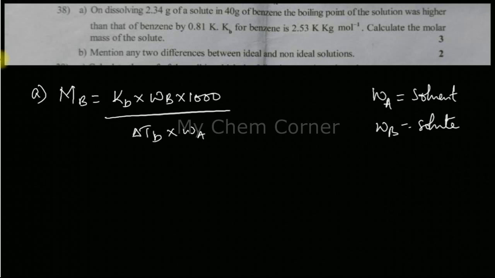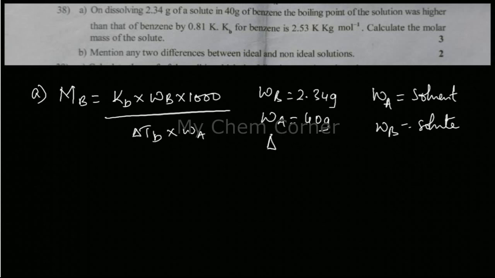So we have to first put the values given to us. It says on dissolving 2.34 grams of solute, and solute is WB, so WB is going to be 2.34 grams. Then in 40 grams of benzene, so that's going to be WA, which is 40 grams. Then the boiling point of the solution was higher than that of benzene by 0.81 Kelvin. So here you're going to write the elevation in boiling point as that much.